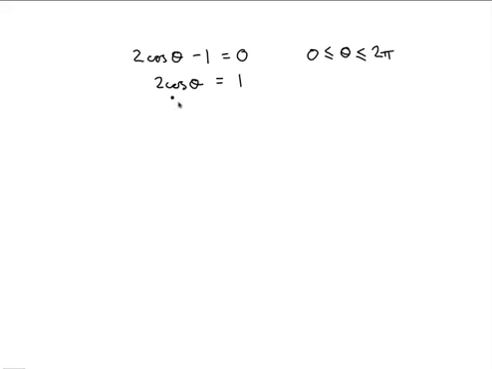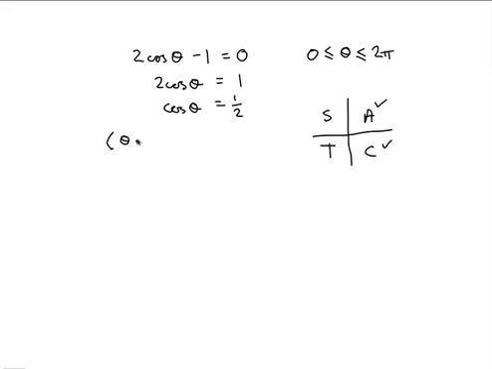Let's divide both sides by 2 to get rid of that 2. And we've got cos theta equals a half. Cosine, positive. They're all positive, only the sine's positive, only the tan's positive, only the cosine's positive. So fourth quadrant and first quadrant are the 2 quadrants we're after.